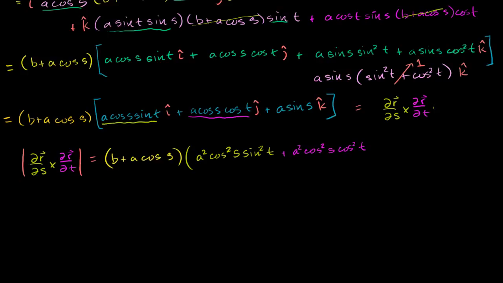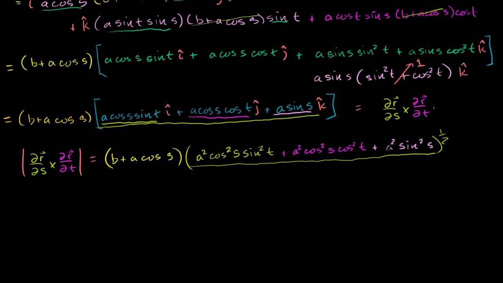That's that term. And then finally, I'll do another color. This term squared. So plus a squared sine squared of s. And it's going to be all of this business to the 1/2 power. This right here is the same thing as the magnitude of this right here. This is just a scalar that's multiplying by both of these terms.